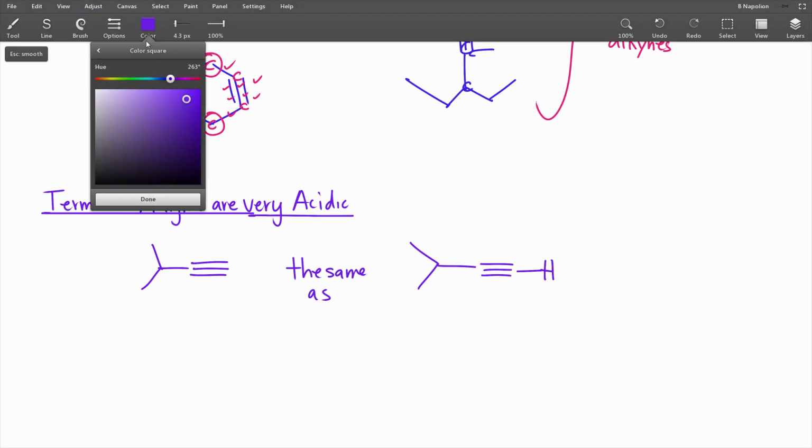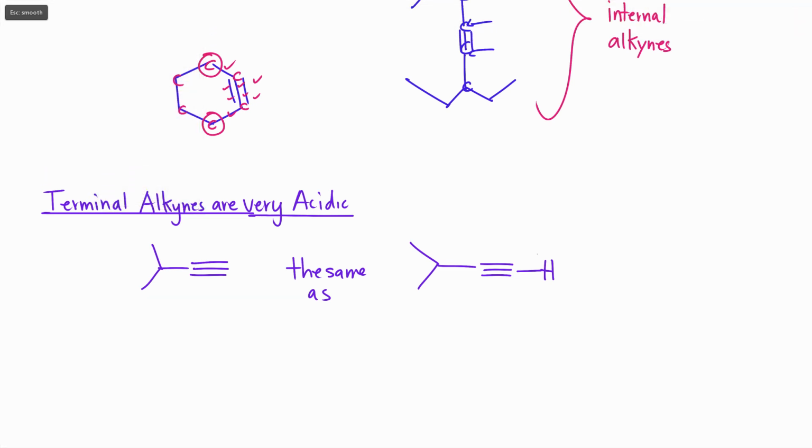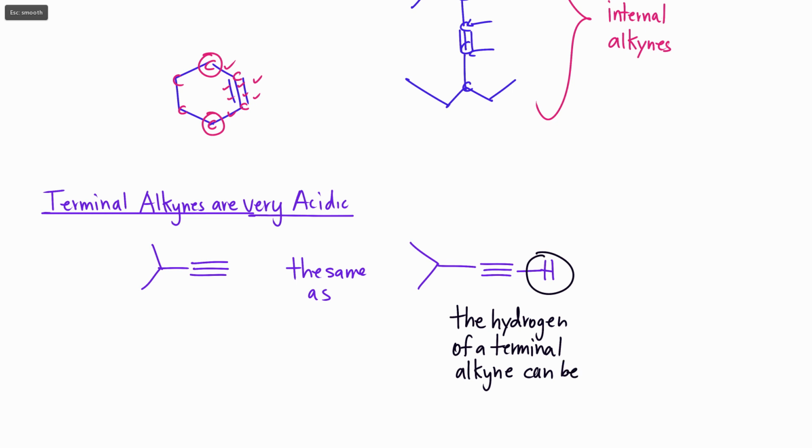So that terminal alkyne means the hydrogen of a terminal alkyne can be deprotonated, which means the hydrogen or the H plus can be removed.